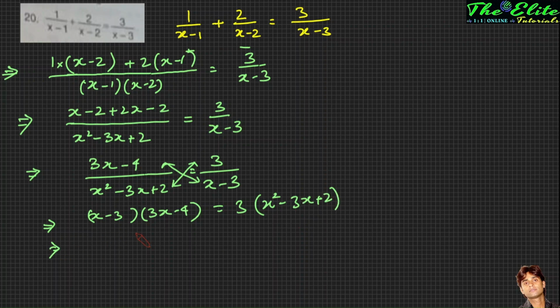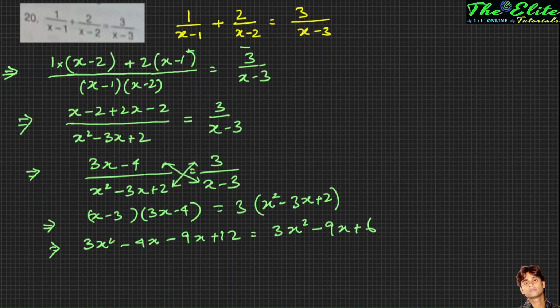When you expand this, you will get 3x square, then minus 4x, again minus 9x, and then plus 4 times 3, 12. I hope you understand this. On the right, we are distributing 3 to all: 3x square minus 9x plus 6.